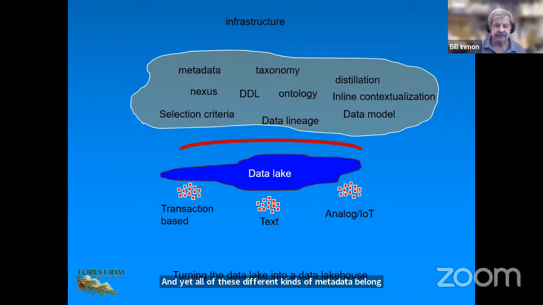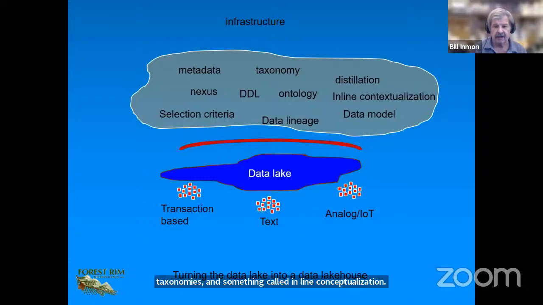So let's say just a few words about the kinds of metadata that you need to find in your analytical infrastructure. For transaction-based data, you need things like a data model, you need things like an entity relationship diagram, you need things like DDL that describes the data. When it comes to textual data, you need ontologies, taxonomies, and something called inline contextualization.